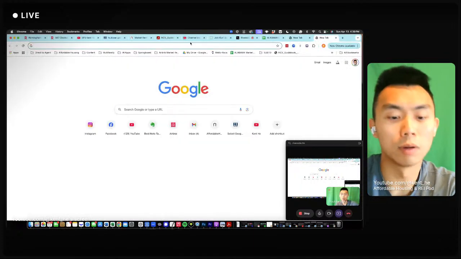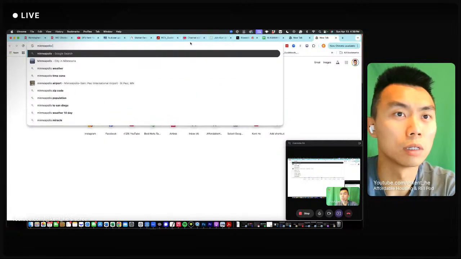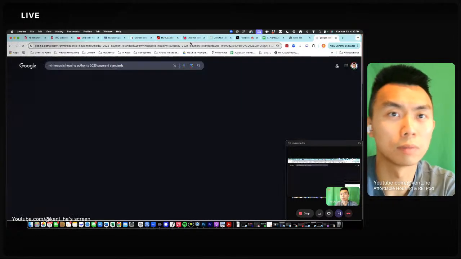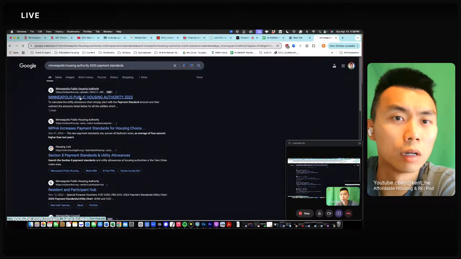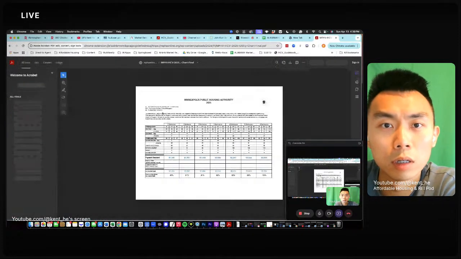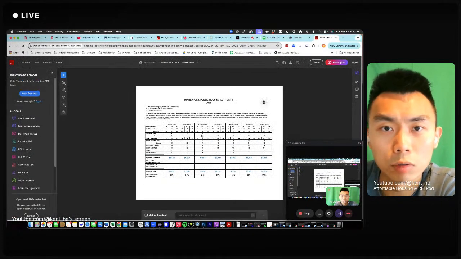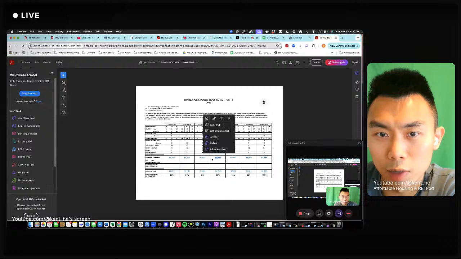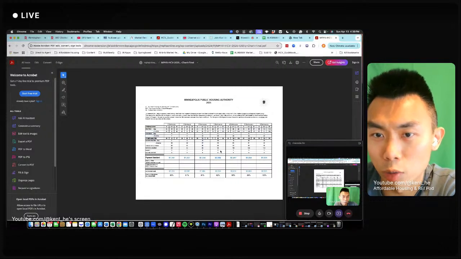Let's see if we can find it. Minneapolis Housing Authority 2025 payment standards. There you go. So this gives you your utility allowances. So this is what I was telling you about. If you don't provide utilities, you've got to take your 2,064 and subtract the utilities that you don't provide.